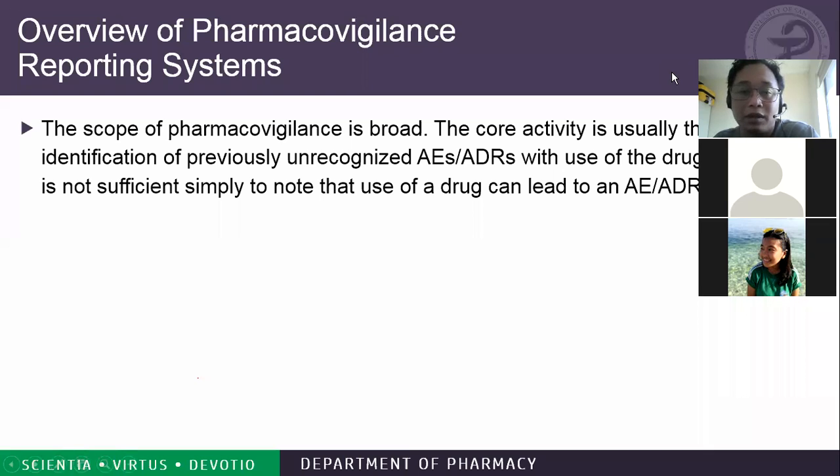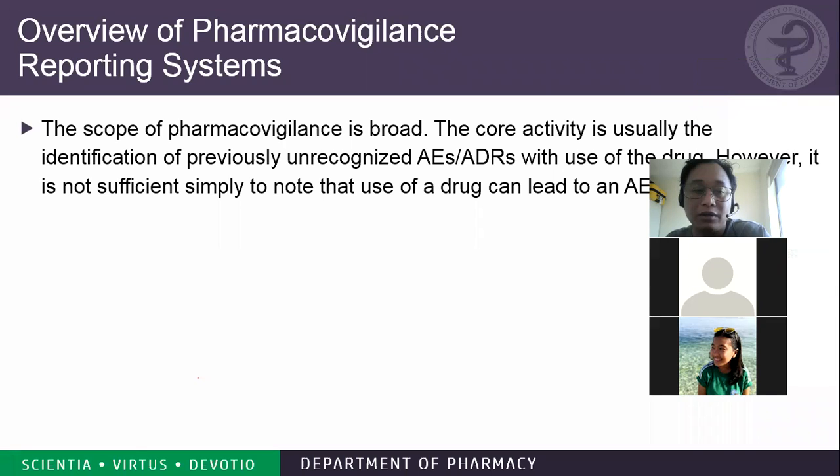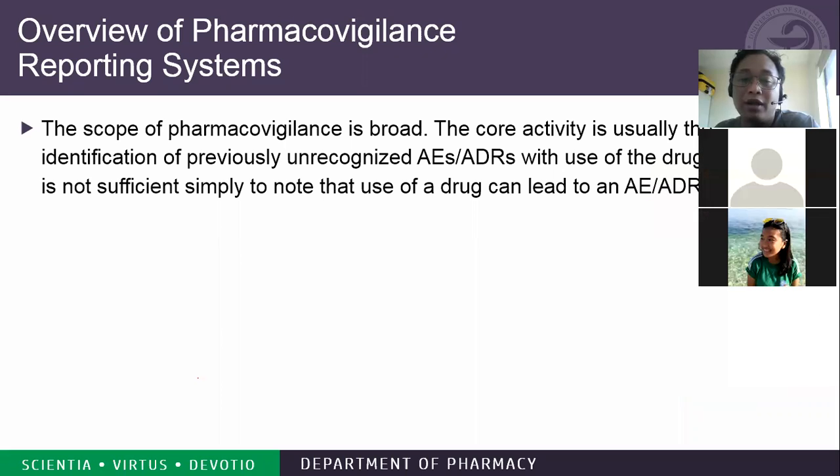Usually the core activity is the identification of previously unrecognized adverse events or adverse reactions with use of the drug. However, it is not sufficient simply to note that use of a drug can lead to an adverse drug reaction.